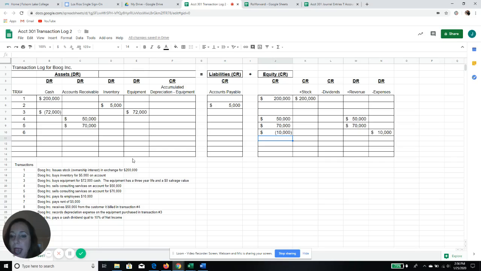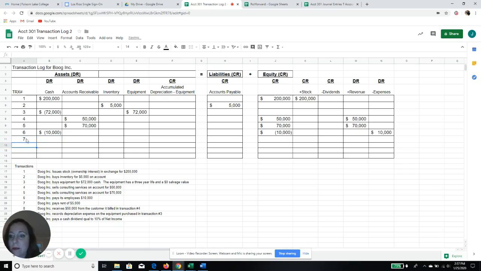We also paid them in cash. Note that whenever we pay our employees, we always pay them in cash. Employees don't like a promise to pay later. So I'm going to decrease my cash by $10,000. Oops, and that should have a negative sign. Okay, so I decreased assets by $10,000 and I decreased equity by $10,000. So I'm in balance.